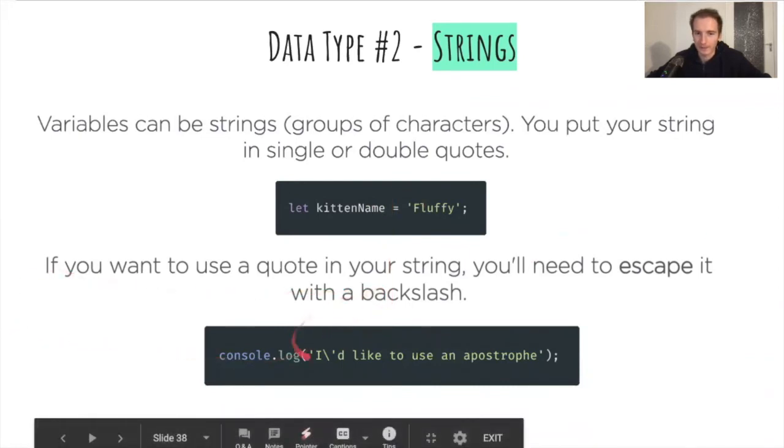If we've written something in single quotes and we want to actually write a single quote, like an apostrophe, we can escape this character by putting a backslash before it. So in a console log, I'd like to use an apostrophe. To make sure that it doesn't break, we can use a backslash before the apostrophe, and that makes it work.